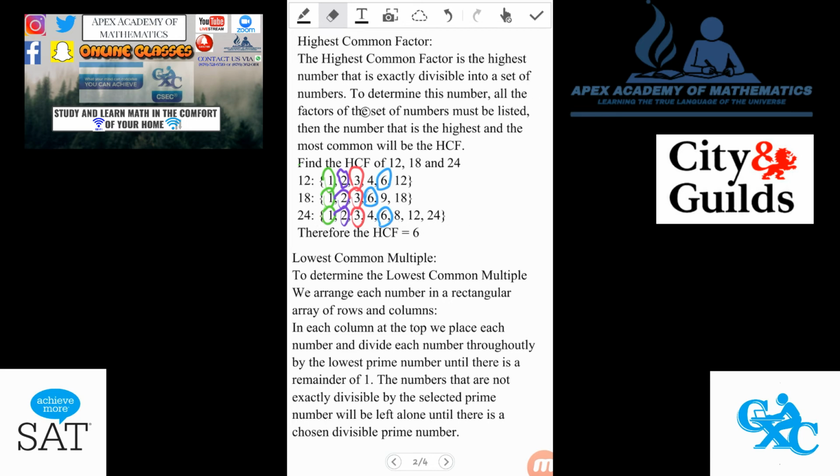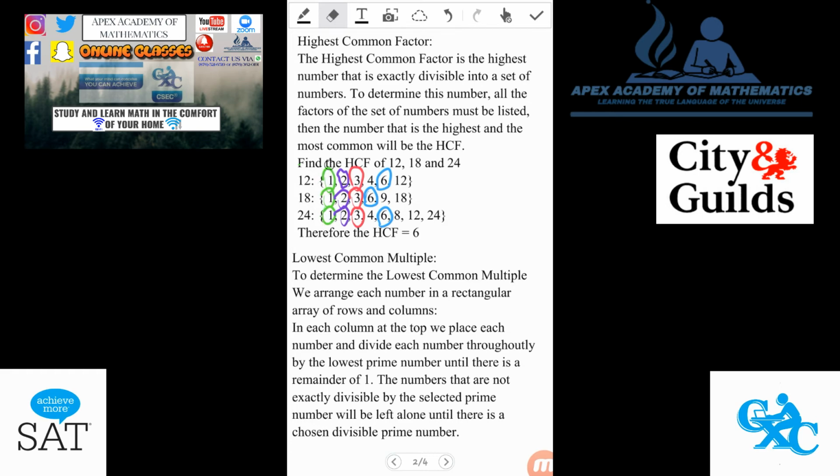It goes on to say, then the number that is the highest and most common will be your HCF. So I've used some different coded inks here for you. For the number 12, we know that these are the factors. For the number 18, these are the factors. For the number 24, these are the factors. But here we have highlighted the number 1 in green.